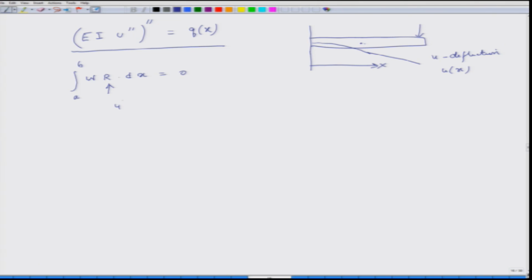It will be fourth order, fourth, right. Why? Because when I take W, what is R?